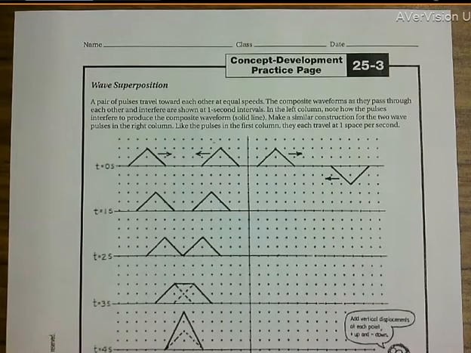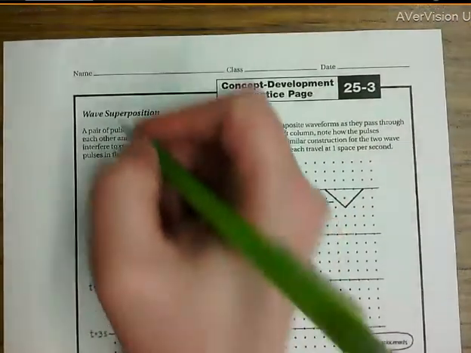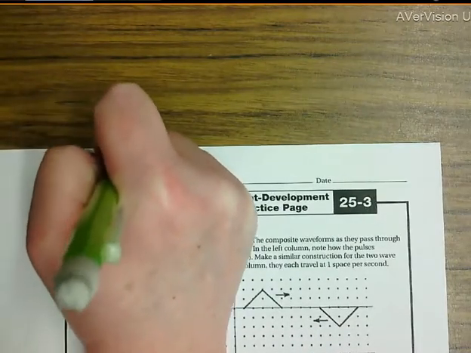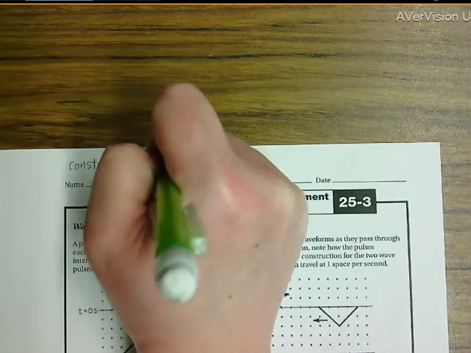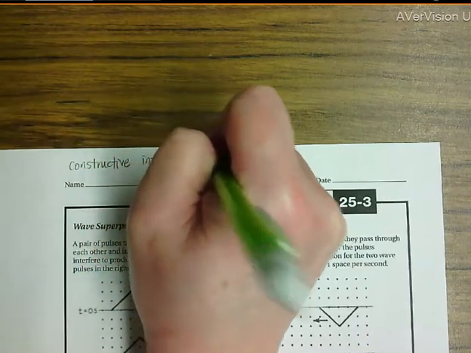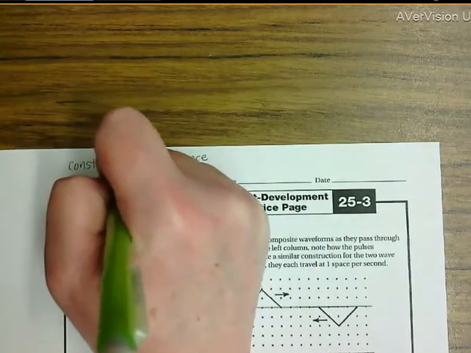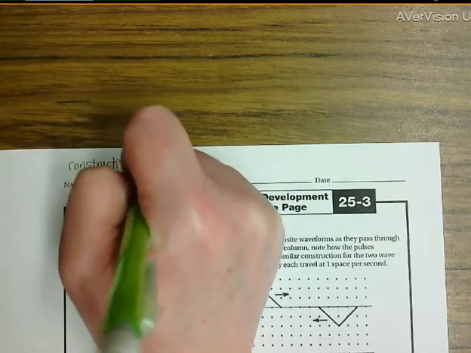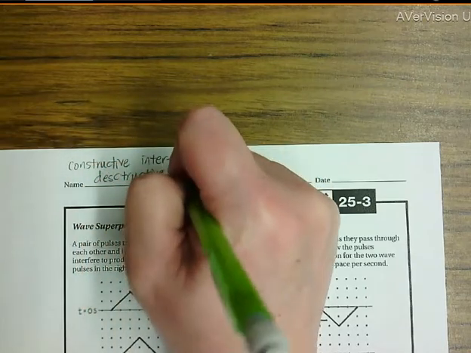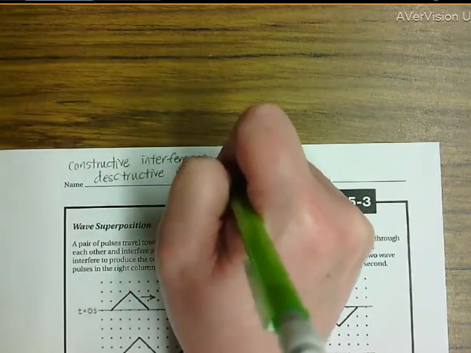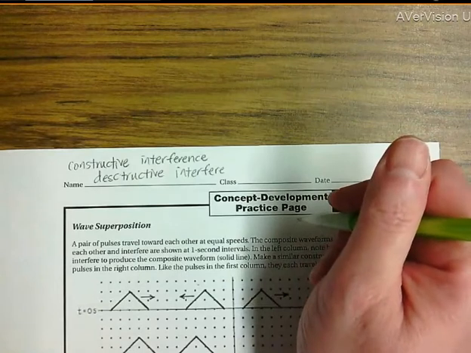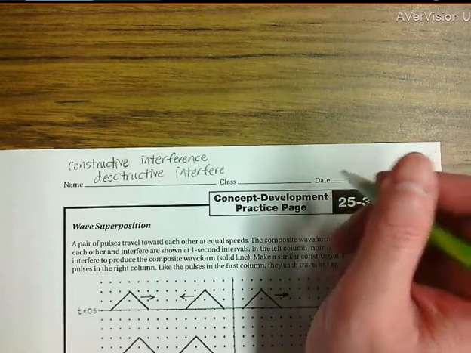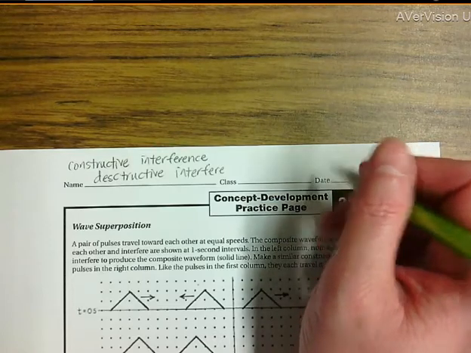So this is going to make use of the idea of constructive interference and destructive interference. Remember, interference occurs when two waves reach the same point at the same time.